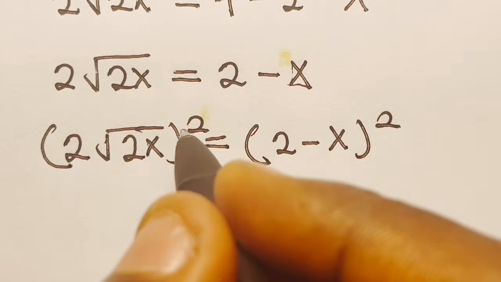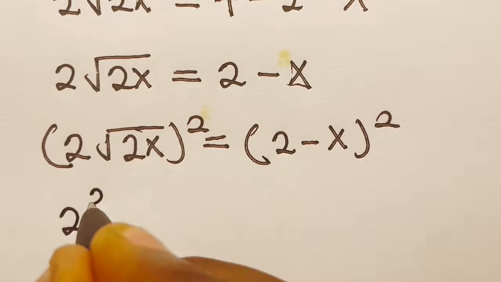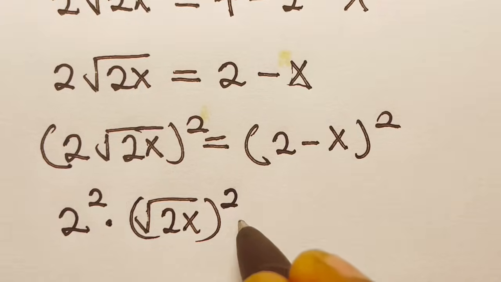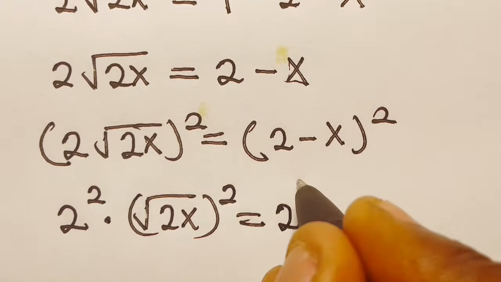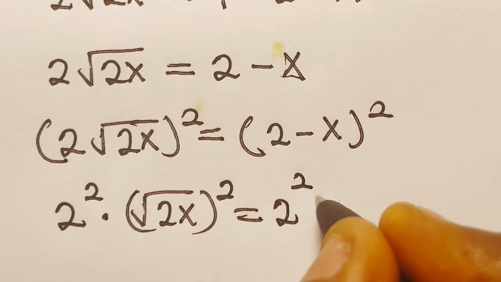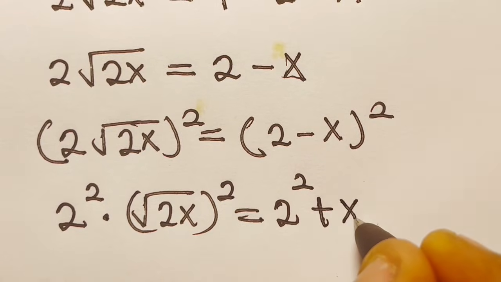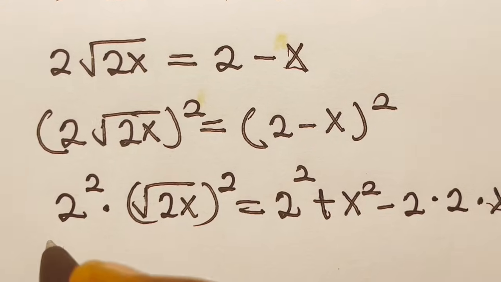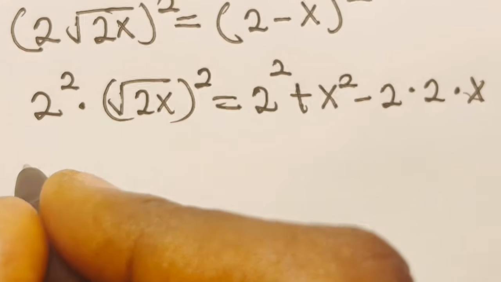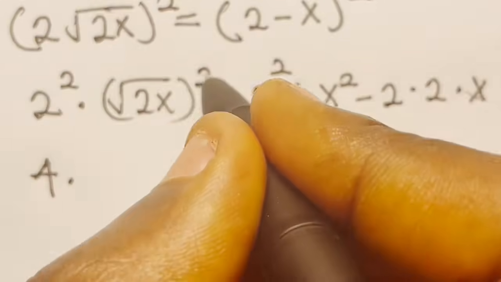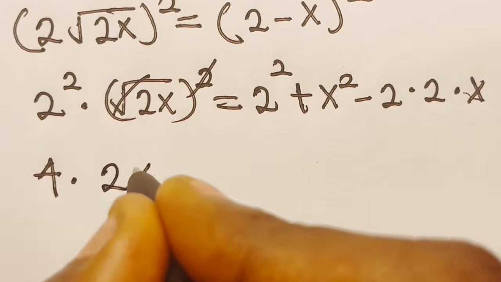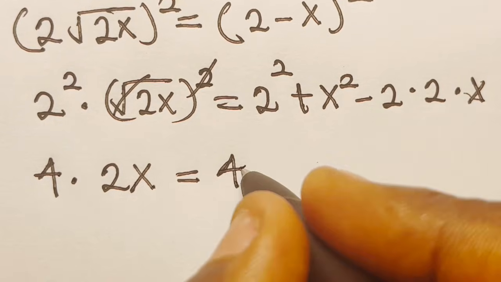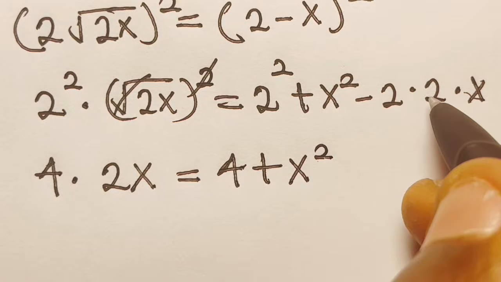So then we have 2 squared multiplied by square root of 2x squared equals 2 squared plus x squared minus 2 times x.